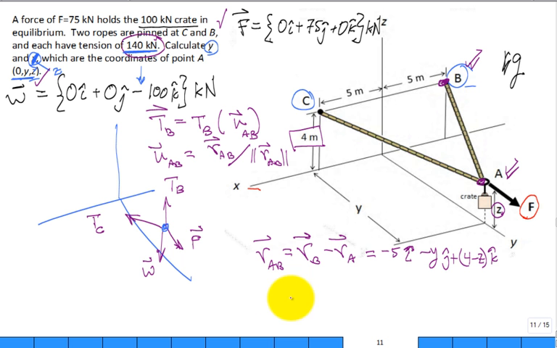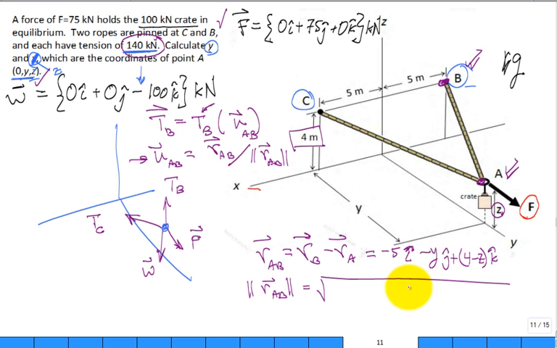Now, can you tell me the magnitude of R A to B? No, this is just displacement vector. Once I get it, I get a unit vector, then I multiply by the magnitude 140 kilonewton, and I have a good representation of a three-dimensional tension force acting on ring at A. That's exactly right.